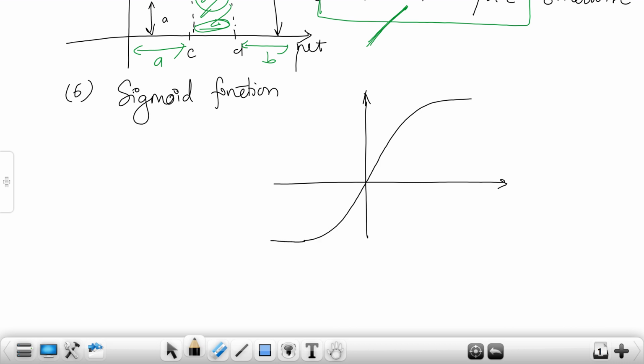This is your sigmoidal function. We have already seen this. So how does it look? There are different mathematical ways of defining the sigmoidal function. Let's call this B. The maximum value that it can take here is B, and the minimum value that it can take here is A.